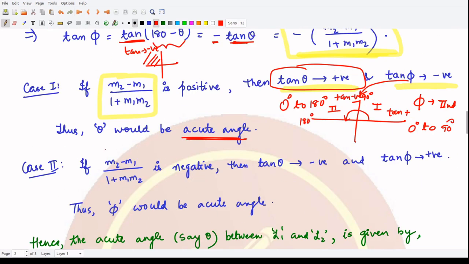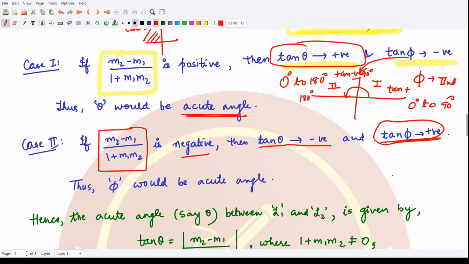If m2 minus m1 divided by 1 plus m1 m2 is negative, in that case tan theta is also negative and tan phi is positive. So what does it mean? It now means that you have phi as an acute angle. Why? Because tan is positive for it, by the same argument.